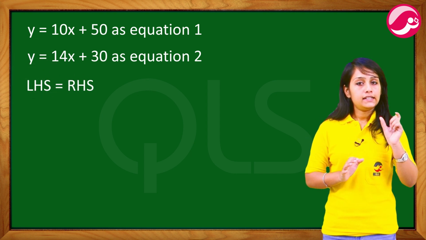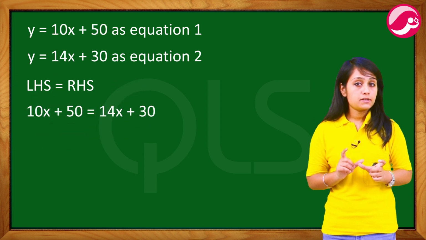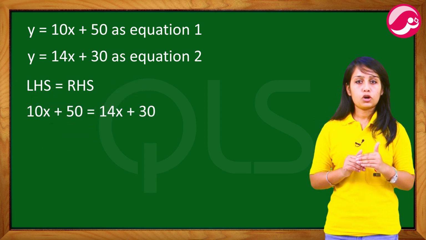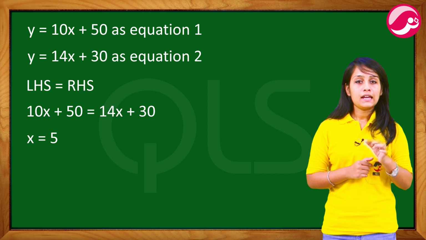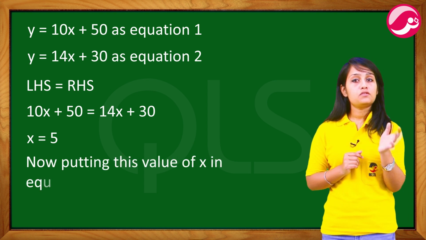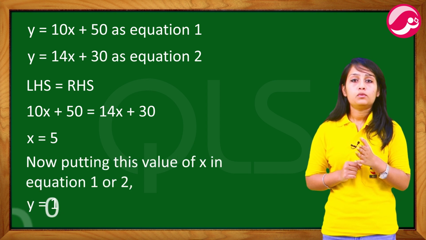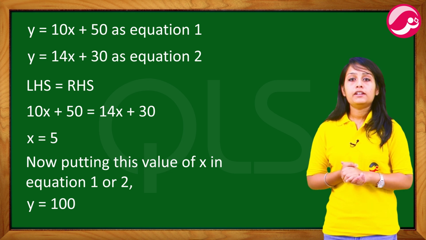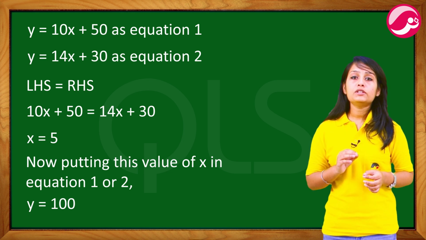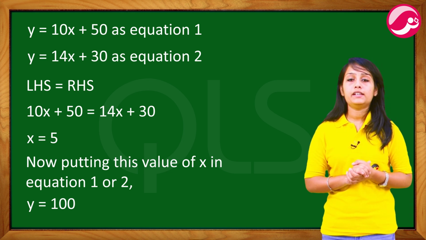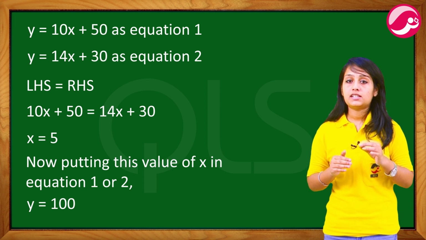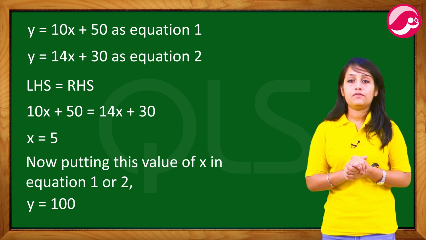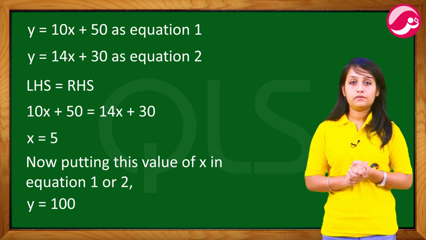So we get 10x plus 50 equal to 14x plus 30. From here on solving we get x equal to 5. Now putting this value of x in equation 1 or 2, we will get y equal to 100, and that is the required solution. So this is how we solve a system of linear equations in two variables, by solving the equations simultaneously or by plotting the equations on the graph.